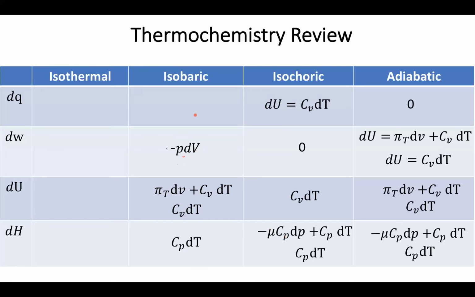And we get a little bit of freebie for heat because under these conditions, our heat is entirely enthalpic in nature. So our heat is equal to our change in enthalpy.